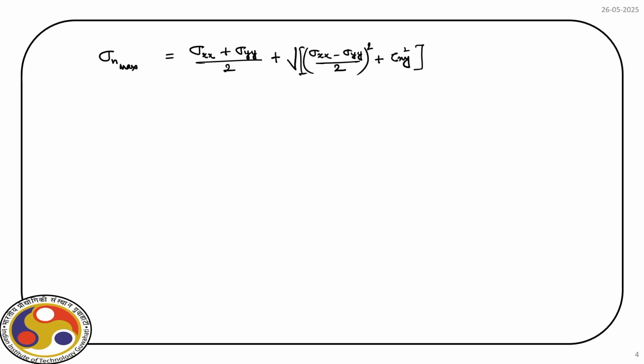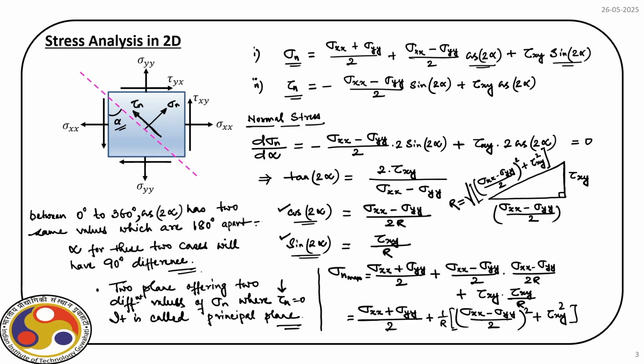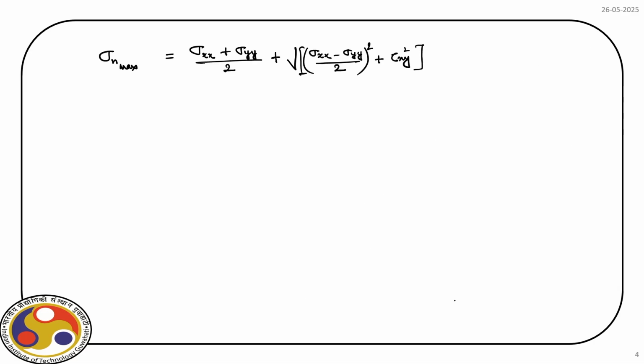Obviously, if you look at the other condition, we have actually two planes where we have optimum value of sigma n. The second one, which you can easily figure out, is 90 degree apart, and for that we get the negative sign of the square root.